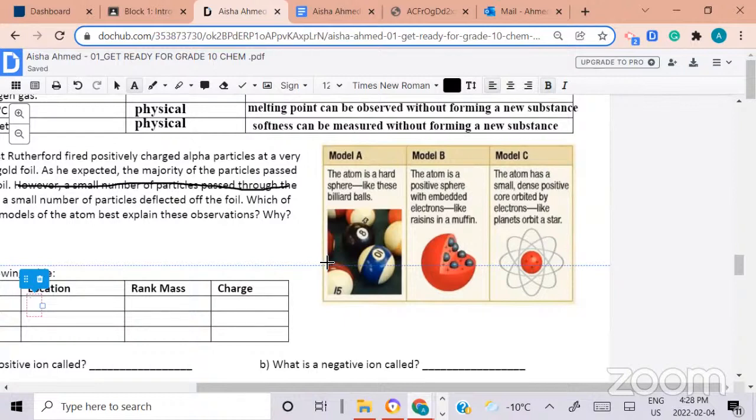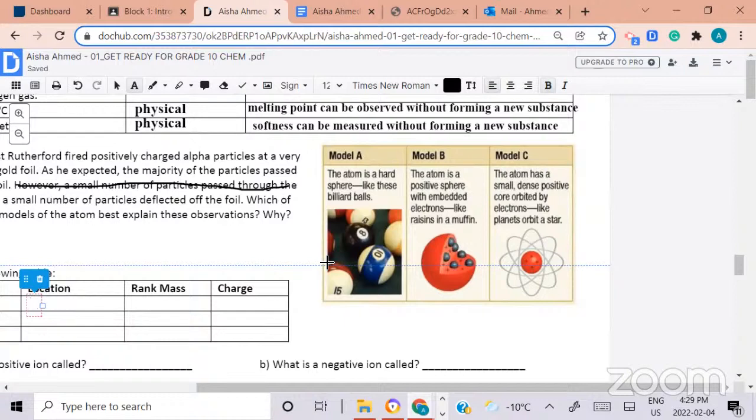Maybe read all the models and then tell me which one you think it is. Model A, the atom is a hard sphere like these billiard balls. Model B, the atom is a positive sphere with embedded electrons like raisins in a muffin. Model C, the atom has a small, dense positive core orbited by electrons like planets orbit a star.